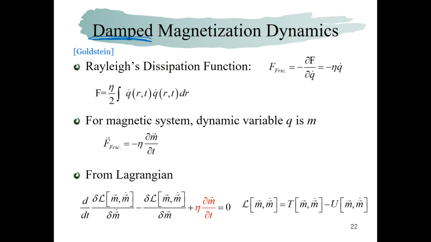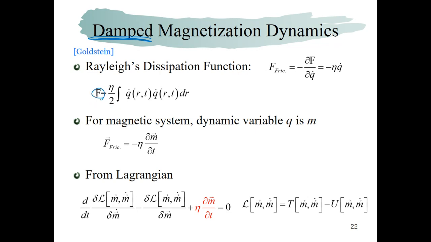And the energy expression can be described by this relation. This is half of eta times the velocity squared.